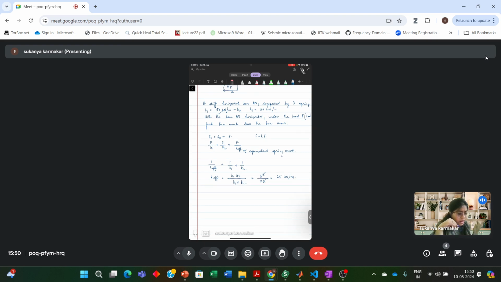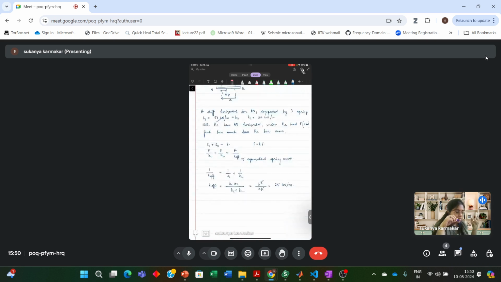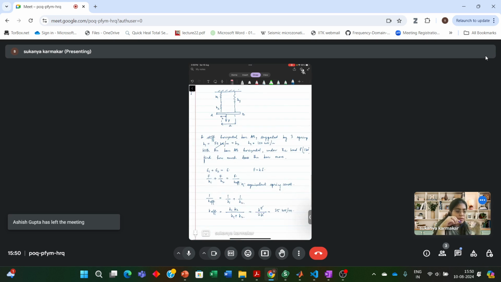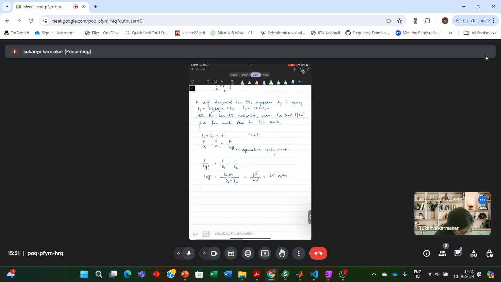So this bar AB must remain horizontal. So from here the geometric compatibility comes into the picture. For the bar to remain horizontal, the amount of deflection in spring 3 and the deflection in springs 1 and 2 has to be equal. So here the compatibility condition comes into the picture.